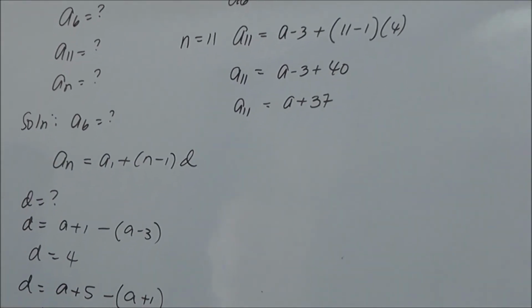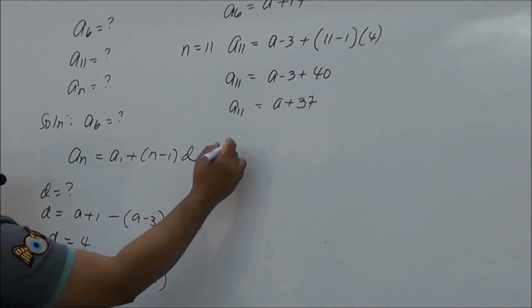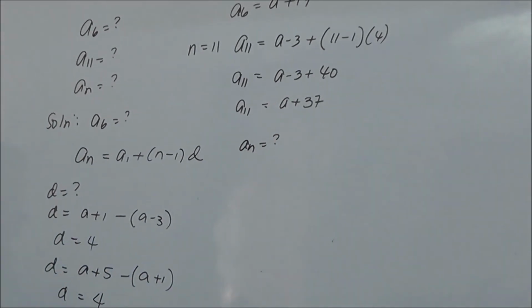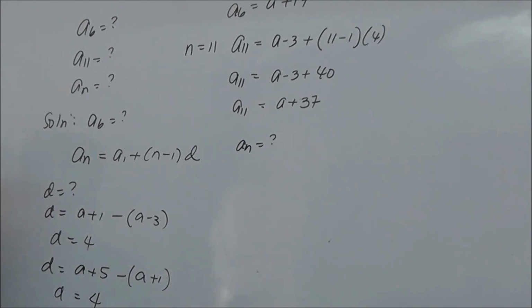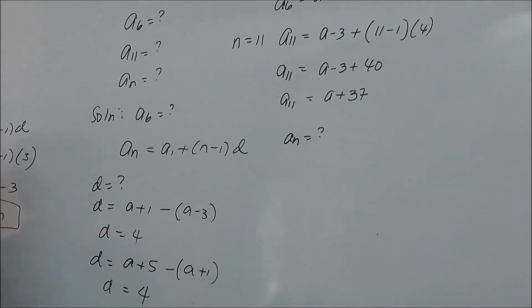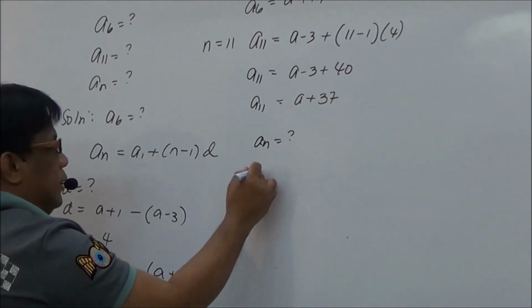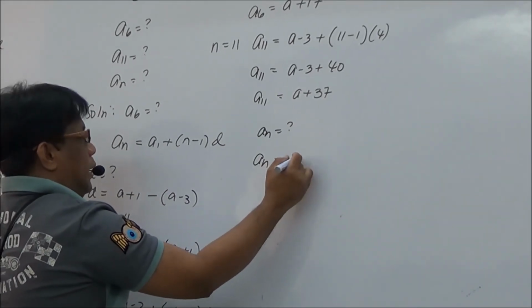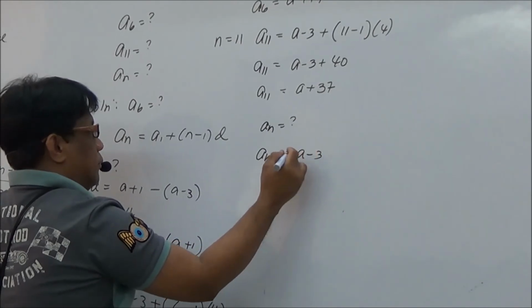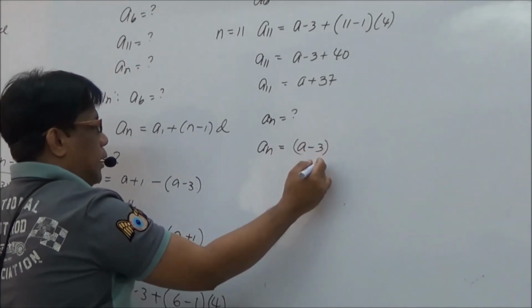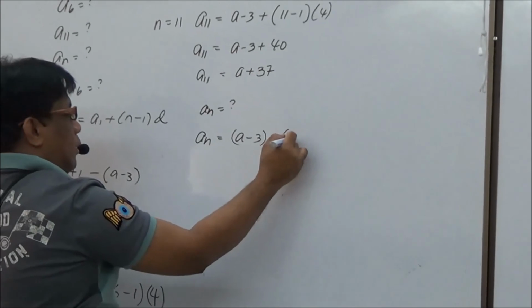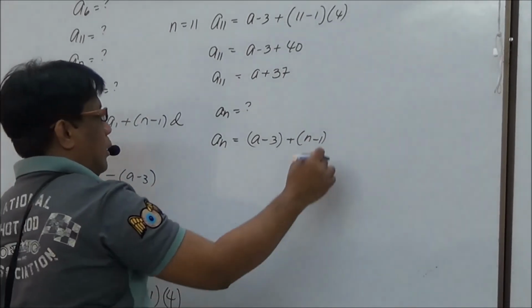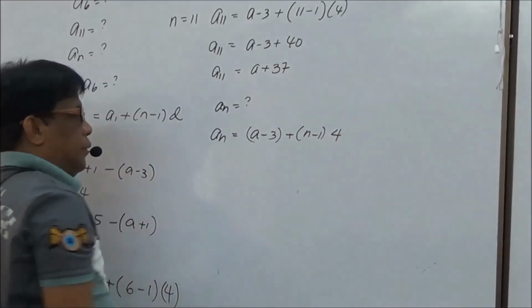Okay? Then the last one now where we have a sub n, or the formula for the nth term. So still using this formula, a1 plus n minus 1 times d. So a sub n now equals a1, which is a minus 3, plus quantity n minus 1 times 4.